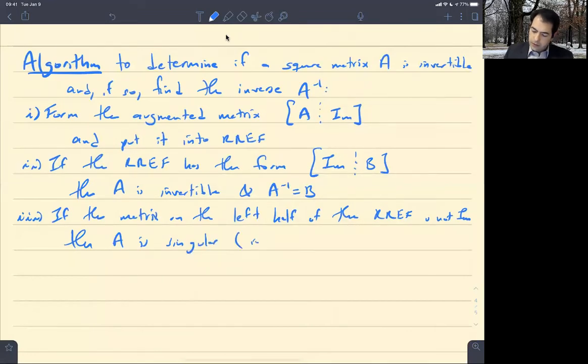So singular is what we call a matrix that is not invertible.